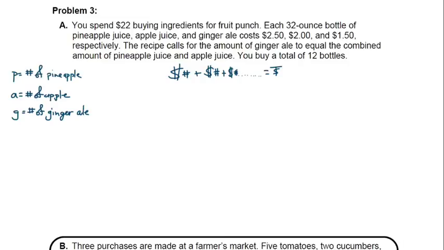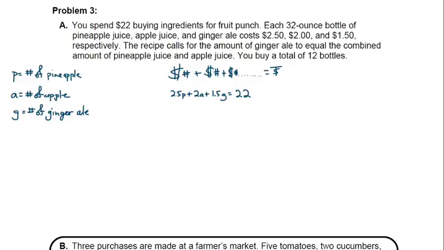So pineapple juice is $2.50, so 2.5P. Apple juice is $2 for every jug, so 2A. Plus $1.50 for ginger ale, so 1.5G. And you bought a total of $22 worth of stuff. Okay, so there's your first equation.